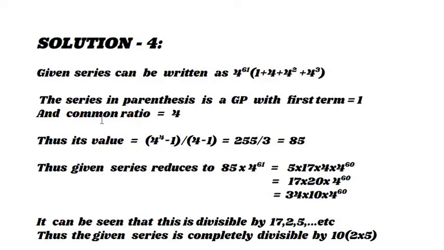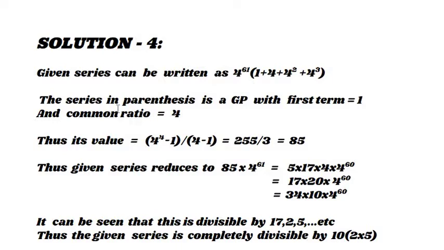Now the given expression, or you can say series, can be written as 4 raised to the power 61 into 1 plus 4 plus 4 square plus 4 cube. We did not do anything new. We just took out 4 raised to the power 61 as common.